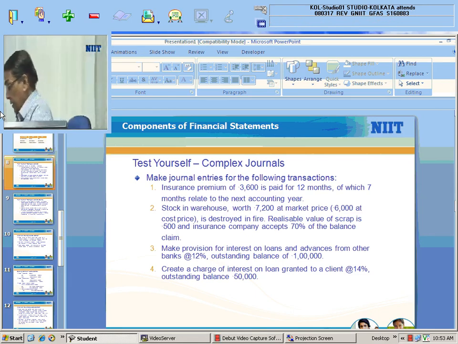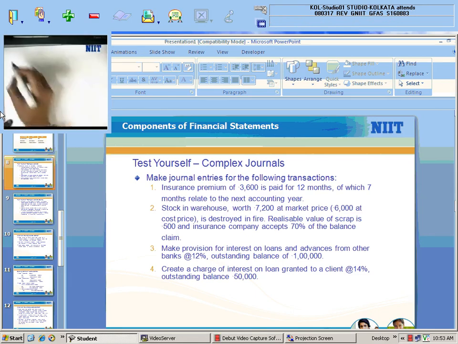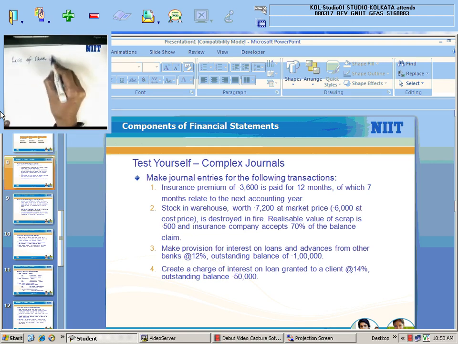So what will be the accounts involved? Loss of stock due to fire is one account that will be involved. It's an expenditure. It's a nominal account. It represents a loss.